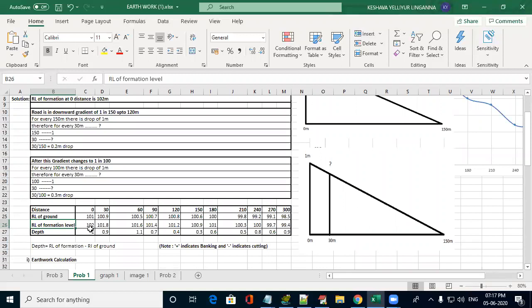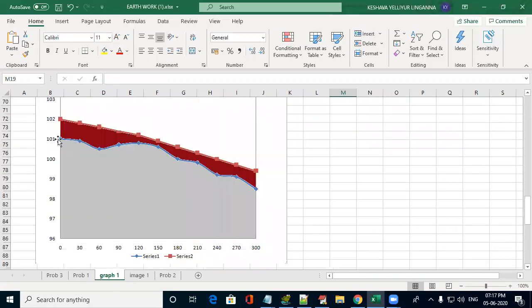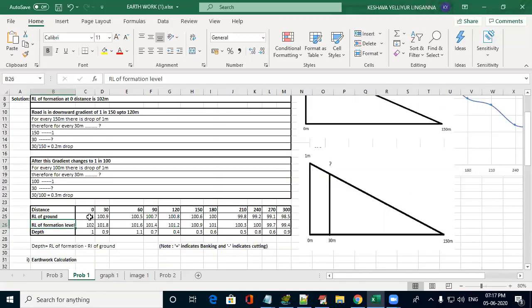To find the volume, we need the D value. That means this depth: 102 minus 101, and this value minus here, this minus here. This difference you need to find at each and every point. That is, depth is given by RL of formation minus RL of ground.